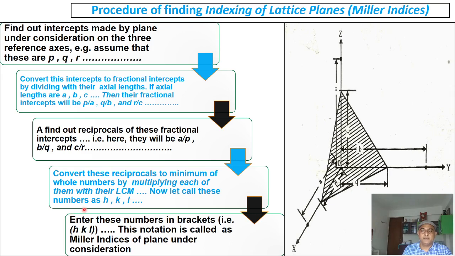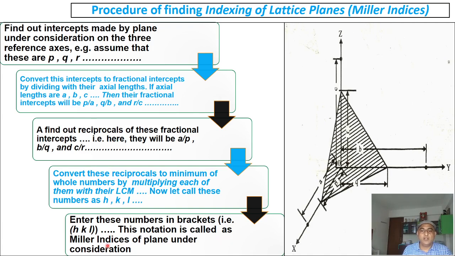Let's call these numbers h, k, l. Whatever the fractions a by p, b by q, c by r are, we have to find the LCM of these three numbers, and that LCM is multiplied with these fractions, and we get the new numbers h, k, l. So start with the first step, p, q, r, p by a, after that the reciprocals, multiplied with the LCM, and we find the numbers h, k, l, and enclose these numbers in brackets, (h k l).